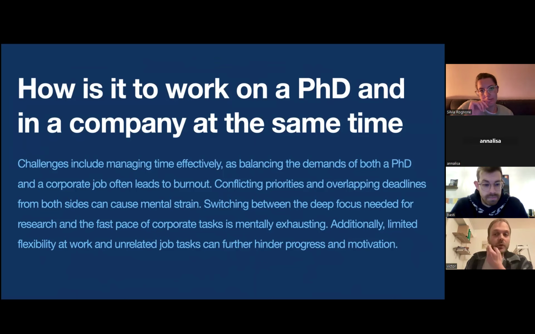So yeah, I work part-time in a company, so it can be an interesting question. I don't know a lot of people doing a complex network PhD who work in a company. It's common, I have friends who do that, but they do deep learning or stuff like that. I don't know anyone who does that with complex networks.